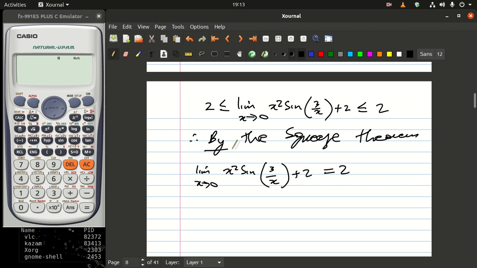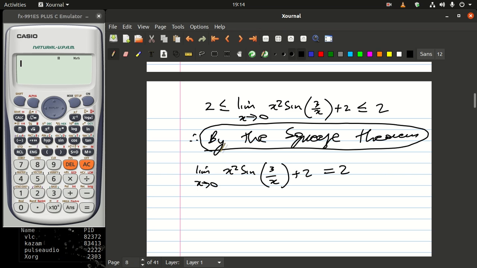If you don't write the squeeze theorem, you might end up losing some marks, because we really want to see that you know which theorem you are using. Sometimes you might even get a 0 if the squeeze theorem is not mentioned. We don't want you to just assume it.